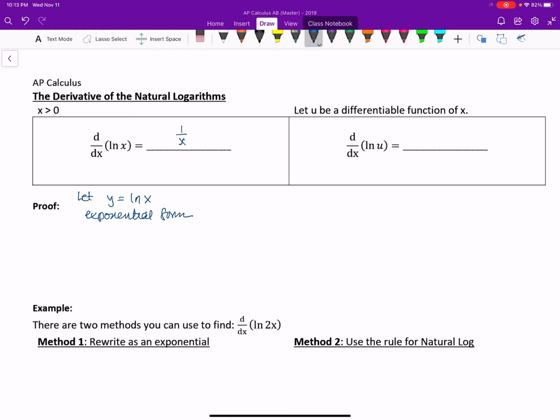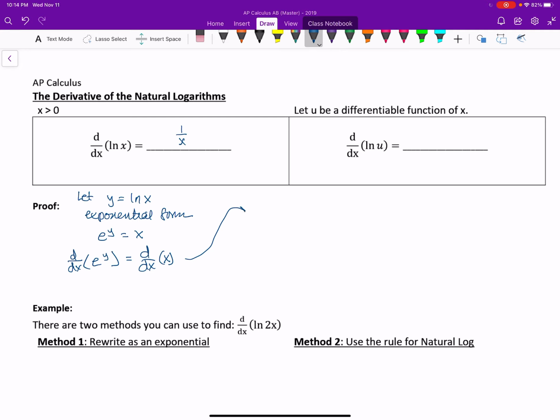because I can then say e to the y is equal to x, like that. And then I'm going to take the derivative with respect to x on both sides. Now this takes a little bit of chain rule to help us do this. e to the y is equal to d dx of x.